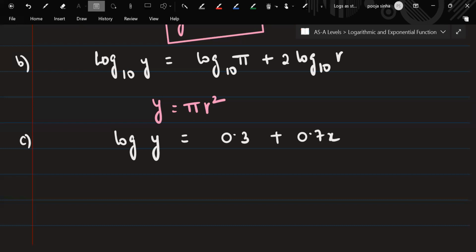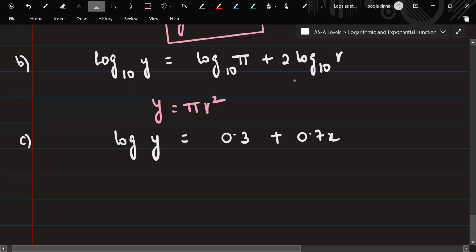Can we do 10 raised to x is equal to 0.3 and then find x? Actually, not that. 10 raised to 0.3, right? I'll give you one hint here. Can I write 0.3 as multiplied by 1 and 0.7x multiplied by 1?